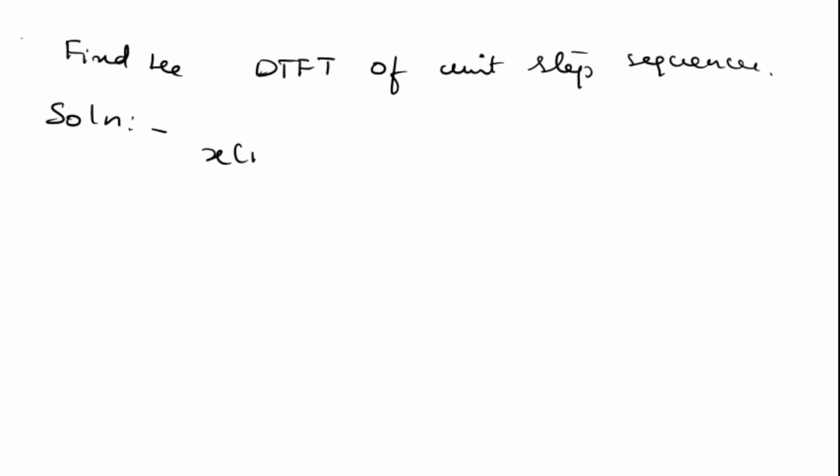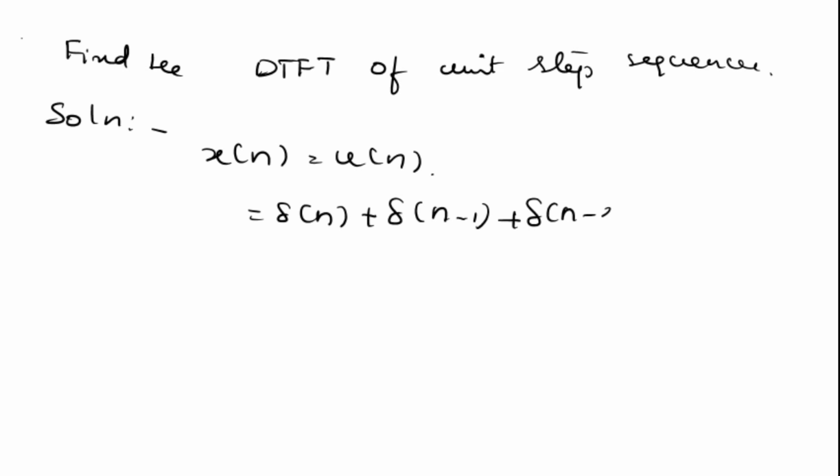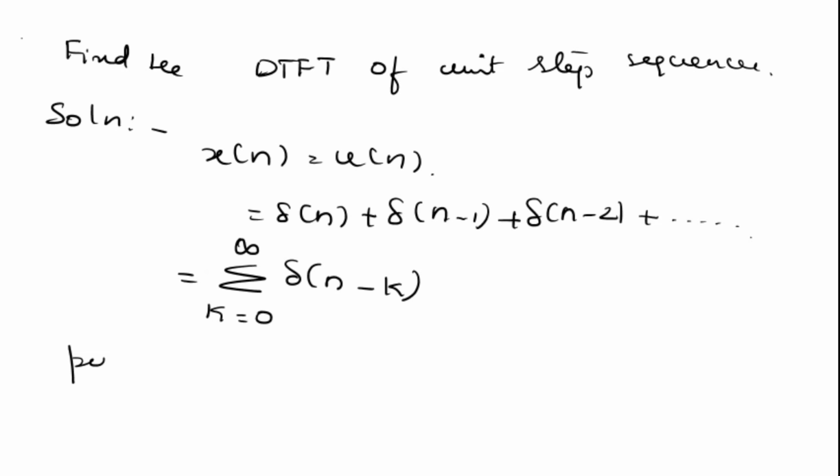It is given x of n is equal to u of n, which is equal to delta of n plus delta of n minus 1 plus delta of n minus 2 plus delta of n minus 3, and so on. Or I can write it as summation k is equal to 0 to infinity delta of n minus k. Now put n minus k is equal to m.